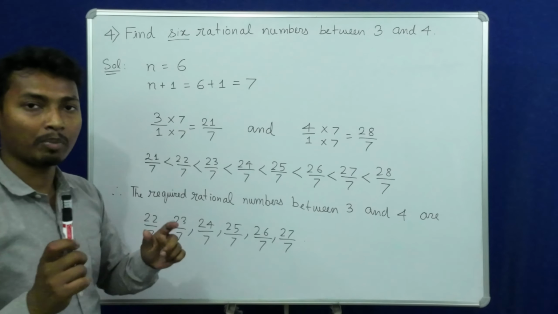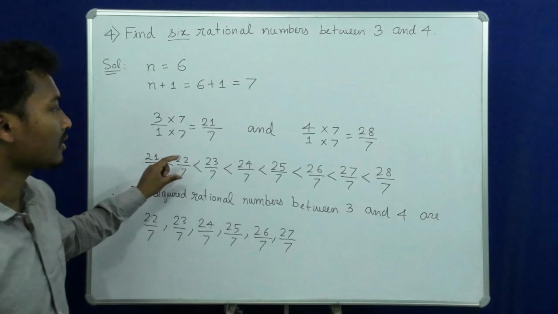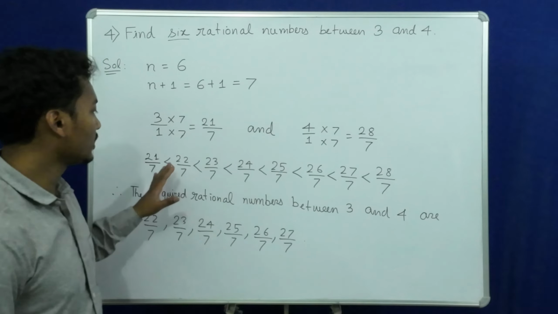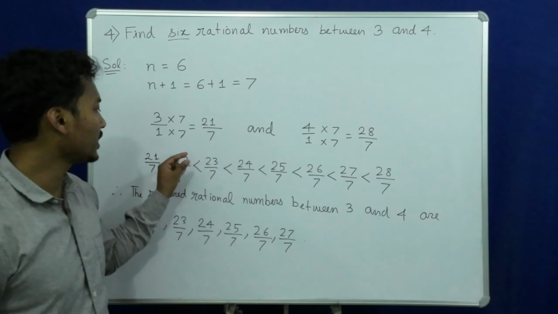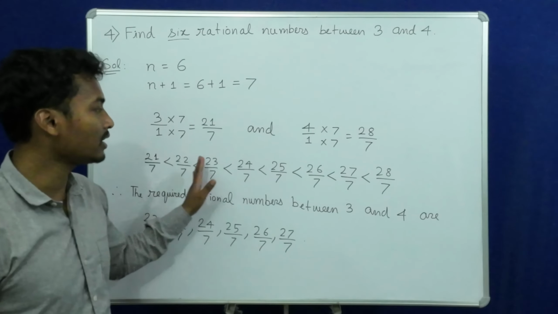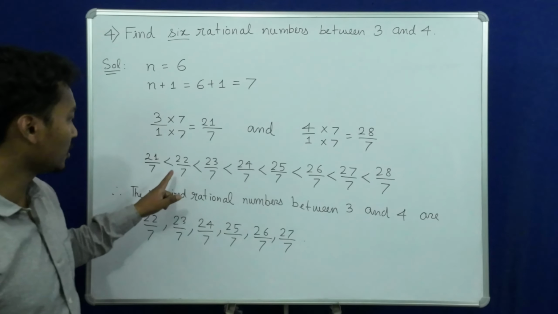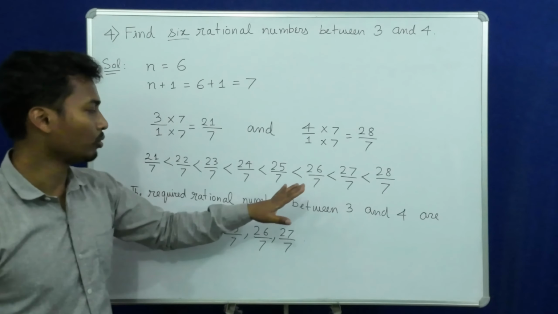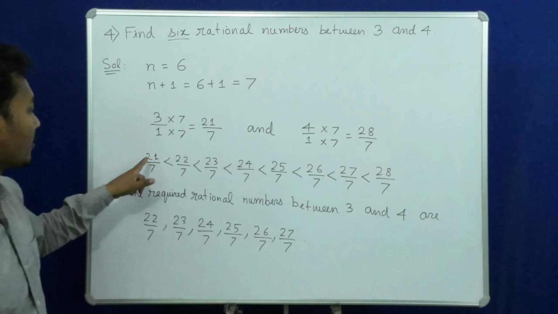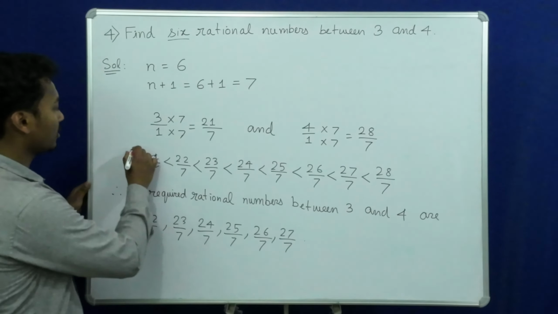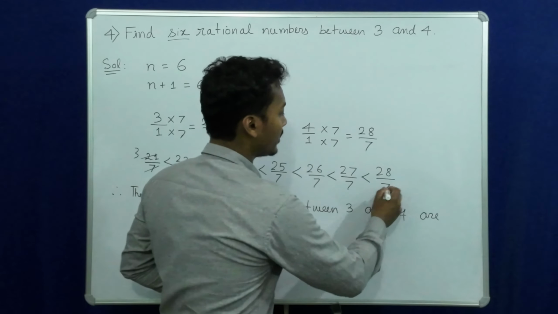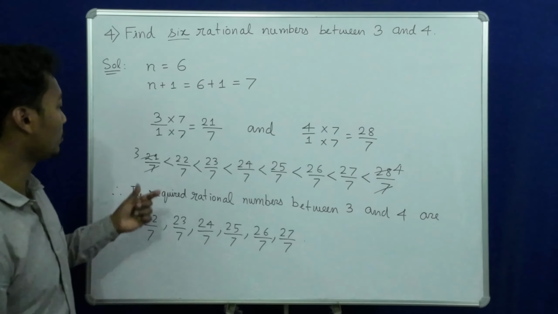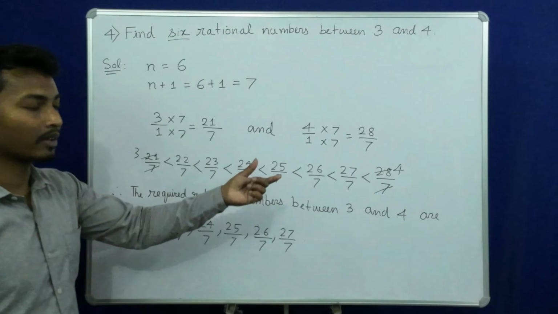Now you should keep in mind that a rational number should be in its simplest form. So there should not be any other factor which can divide the numerator and denominator. So change it into its simplest form. So here we can see we cannot simplify it further, so we'll let it be as it is. 21 by 7 is 3. 28 by 7 is 4.